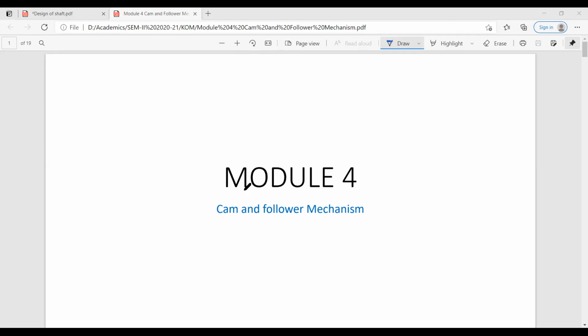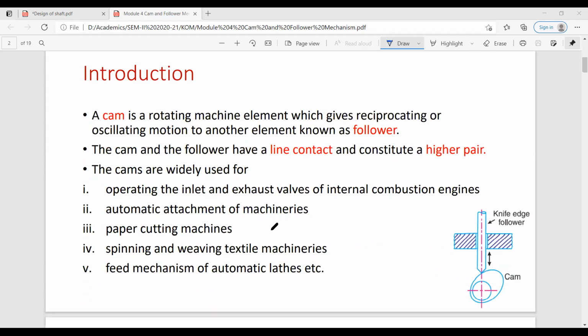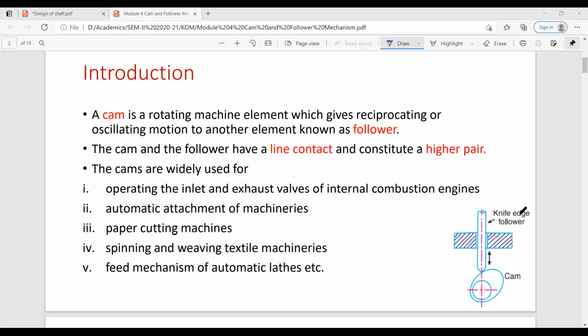So let us start with what is a cam and follower mechanism. If you remember this diagram, this is where we discussed this concept of cam and follower. How does this mechanism work?